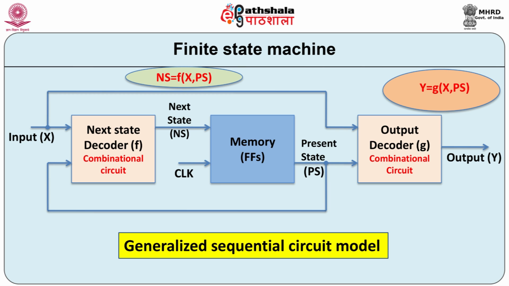It has input combinational logic, popularly known as next state decoder. It decodes the input x and the present state Ps of the machine and generates the next state. The next state is a function of both input and the present state. The next state information becomes the present state at memory, which stores it.